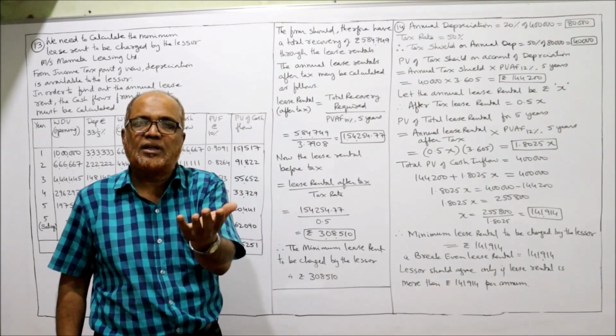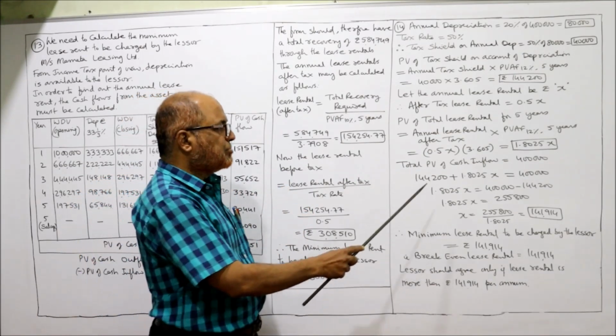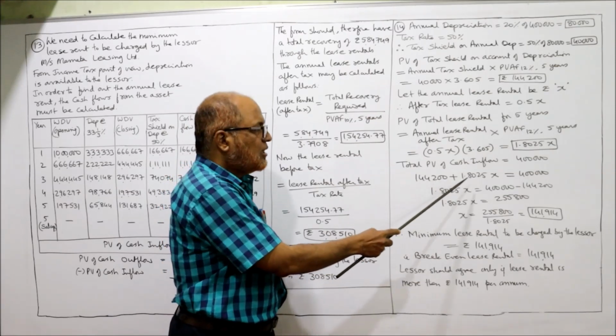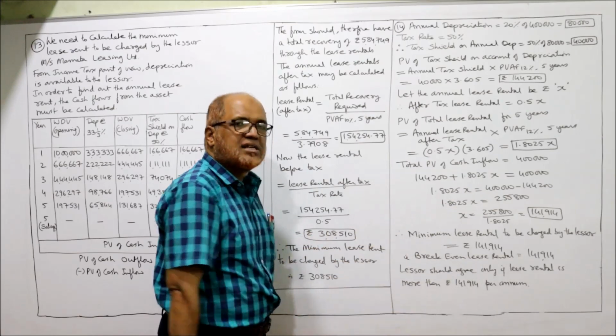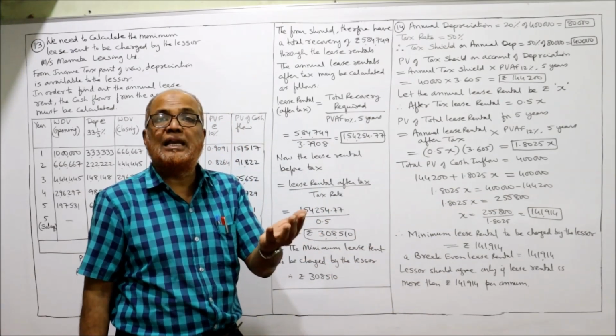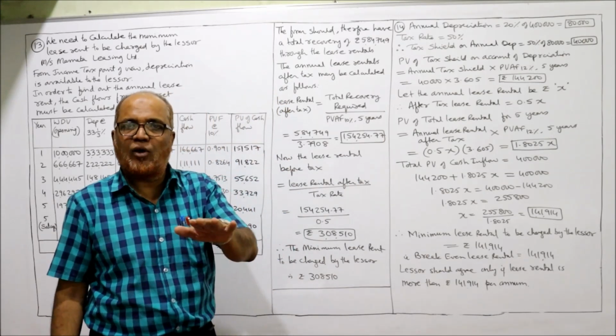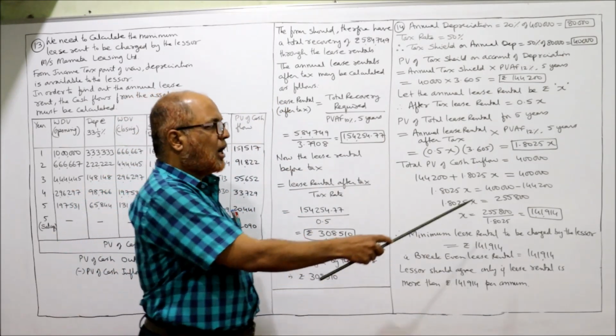You add up both, that is the total cash inflow. This will be equal to 4 lakh. Cash inflow is equal to cash outflow.